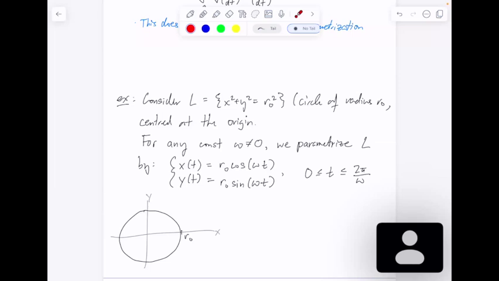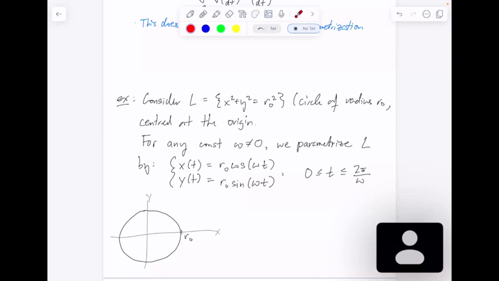We also saw how certain classes of parameters differ. For any constant omega, positive or negative, just not 0, you could parameterize the entire circle with omega t instead of just t. The only thing you need to be careful of is if you want to go around exactly once, you might have to change the bounds of t according to your choice of omega. If omega were 1, to go one revolution around the circle, you go from 0 radians to 2 pi radians, 0 to 360 degrees.